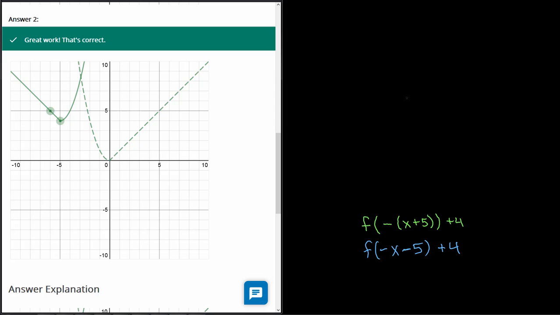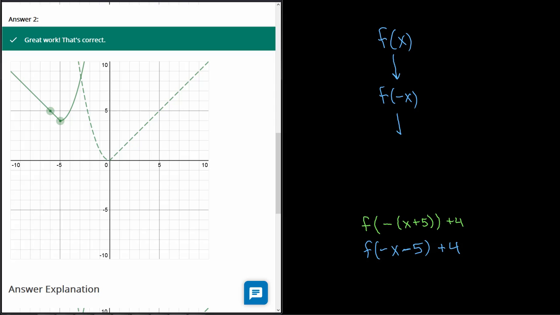So the idea here is I want to do a sequence. I want to start with f of x, and I want to wind up with this green thing down here. The way I would do that is I'd look at it and say, okay, I need to get a negative in there, so I need to have a negative x.